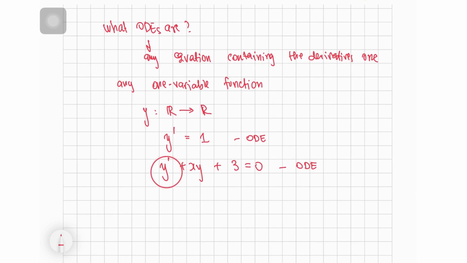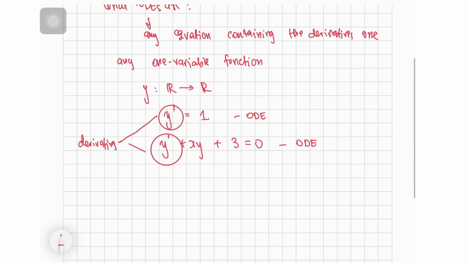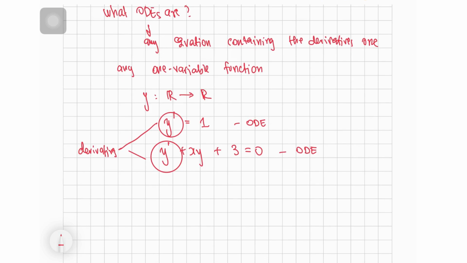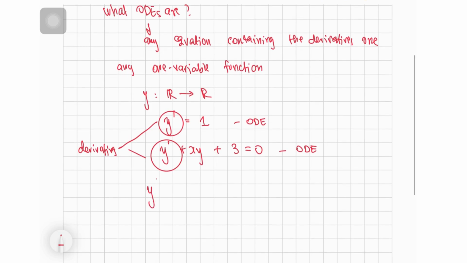Because it contains derivatives of y. Any equation containing derivatives of any order or any combination of derivatives is an ODE. For example, the second derivative of y plus 2y prime plus 3xy minus 7 equals 0. This is also an ODE, and it contains the second and first derivative of some function.